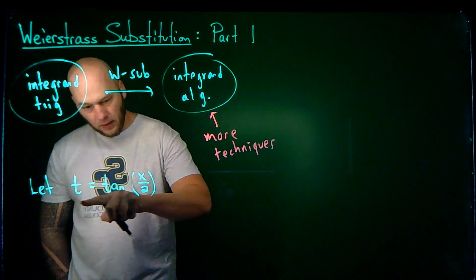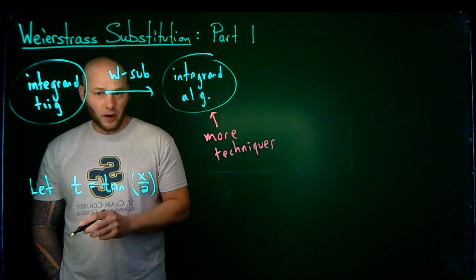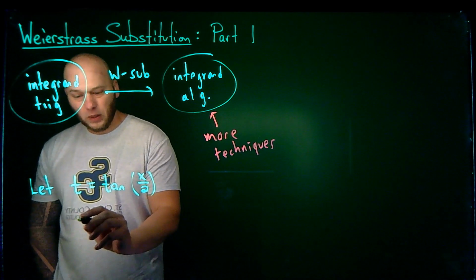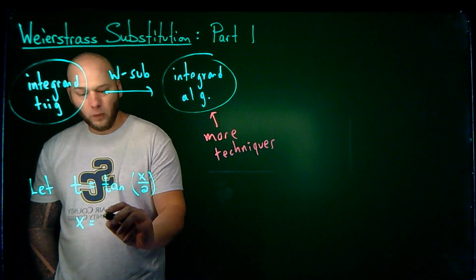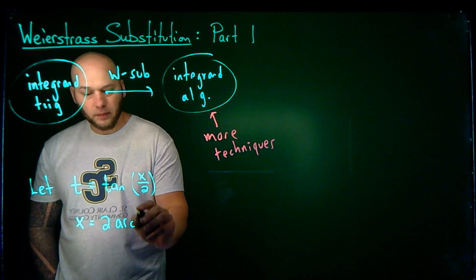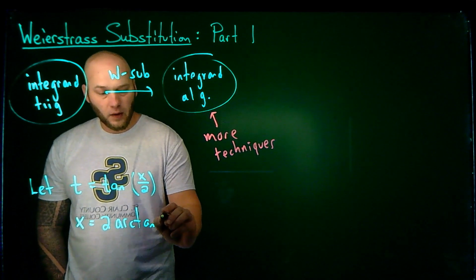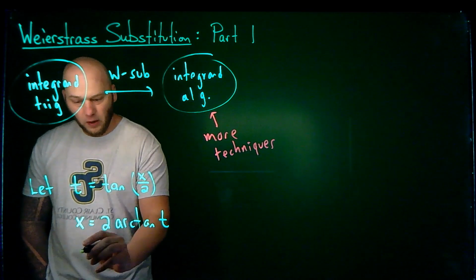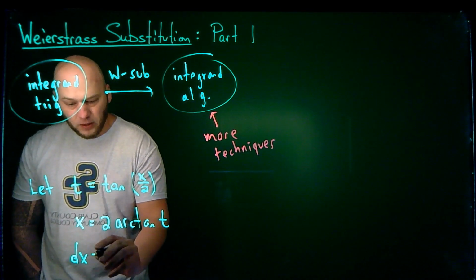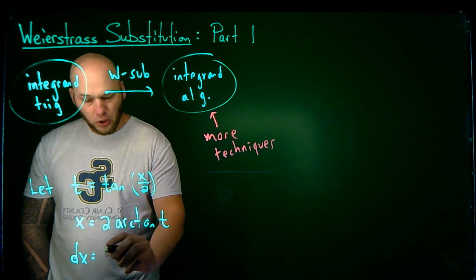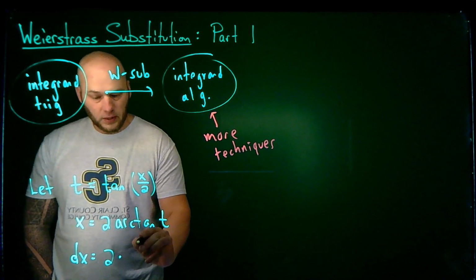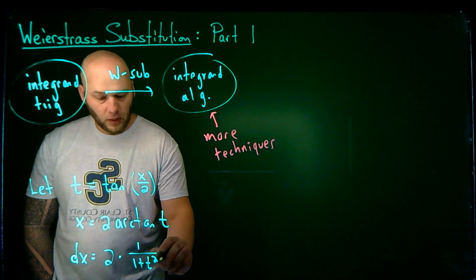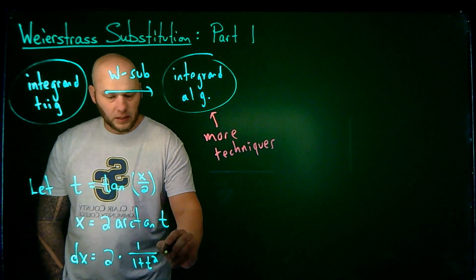If I take this equation and solve for x, take the arctan of both sides and multiply by 2, that gives me x is equal to 2 arctan of t. Then the differential dx is equal to 2 times, remember the derivative of arctan is 1 over 1 plus the square of the argument, and then of course the differential dt.